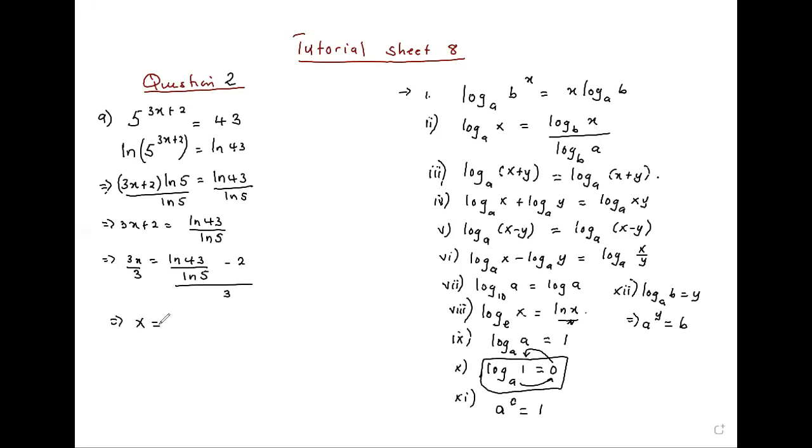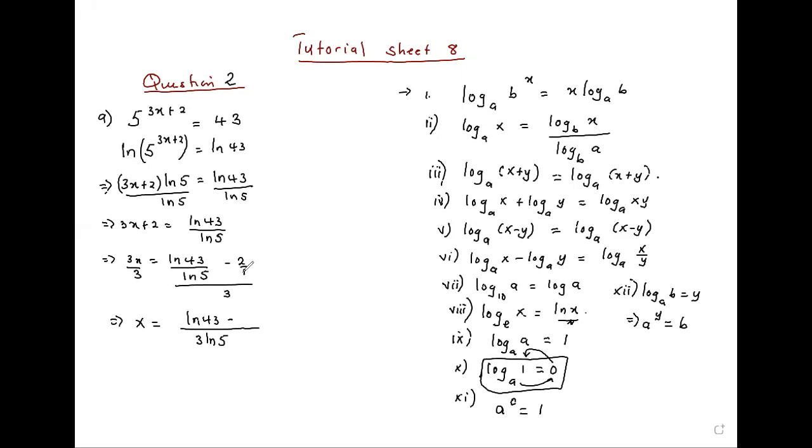So x is equal to ln 43 over ln 5, minus 2, all divided by 3. So it's confusing me.